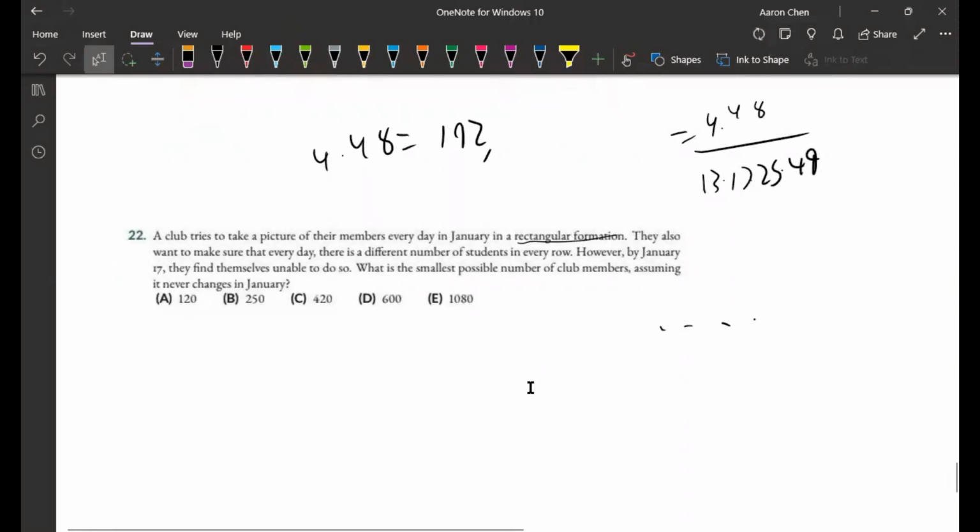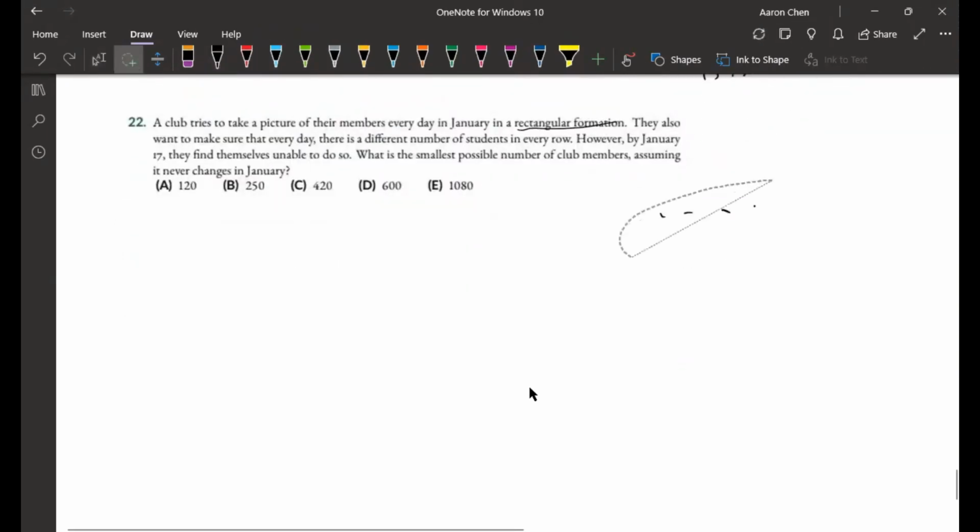Okay, yeah. So rectangular formation means something like this. 1, 2, 3, 4, 5, 1, 2, 3, 4, 5, 1, 2, 3, 4, 5, something like this. Assume that these are all straight lines, of course. And now they want to make it so that every day there's a different number of students in every row, but by January 17th, they find themselves unable to do so.